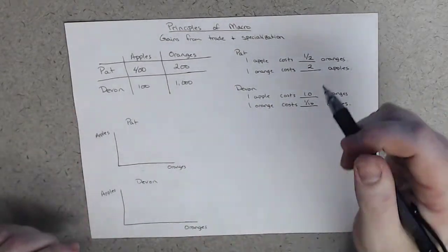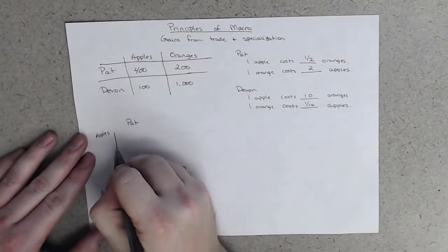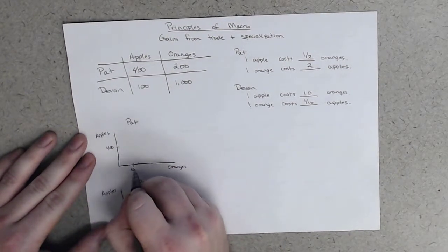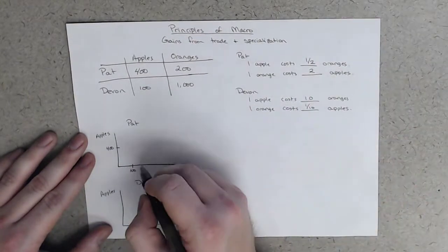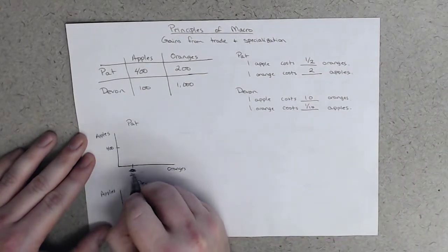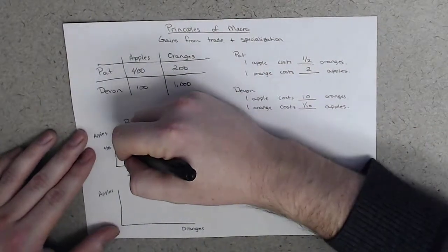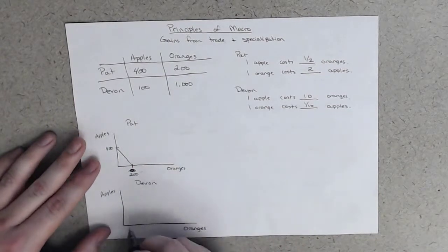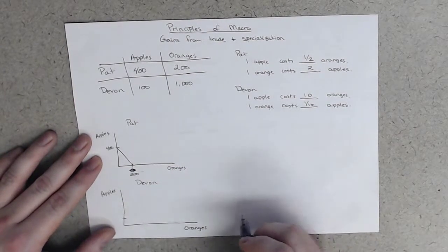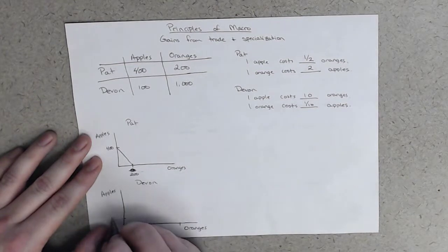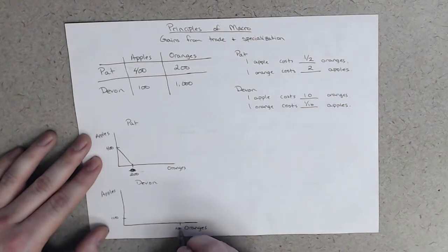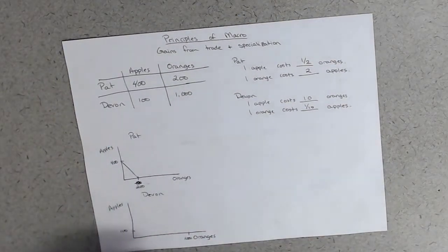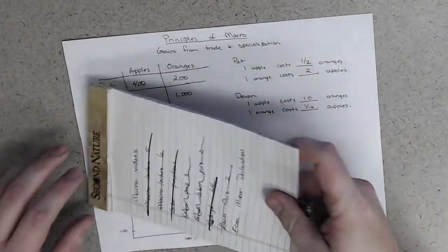If we were to graph these, we could say that for Pat, he's got 400 apples or 200 oranges. Misread my own chart. Okay. And for Devin, he's got 100 apples or 1,000 oranges. And so we'll draw that line real quick. I'll use a straight edge since it's a little long.